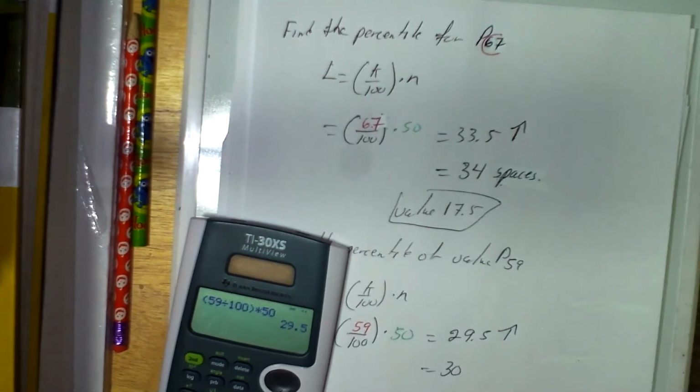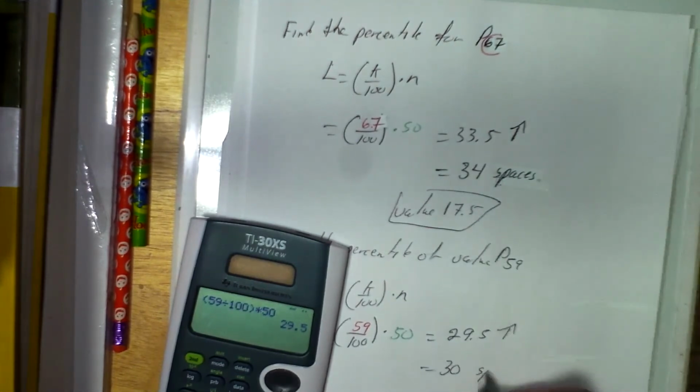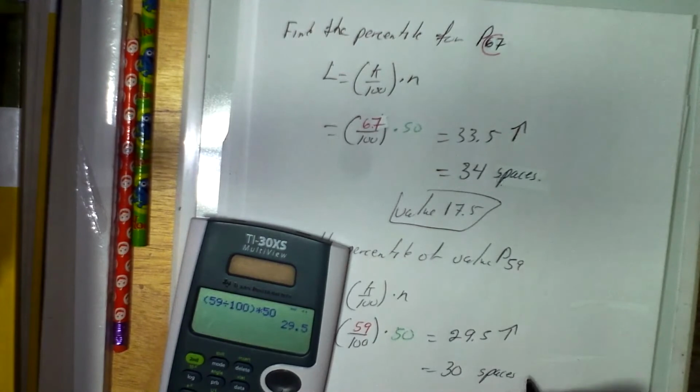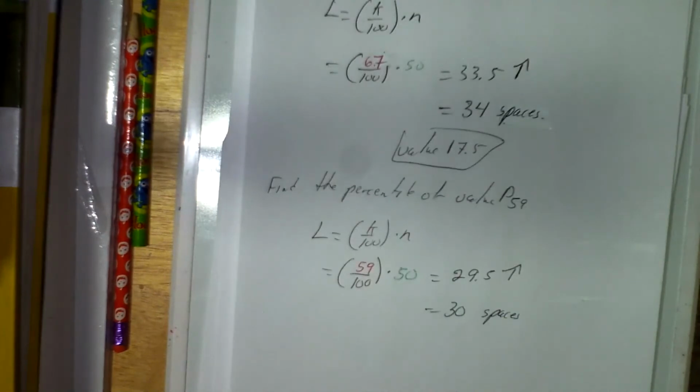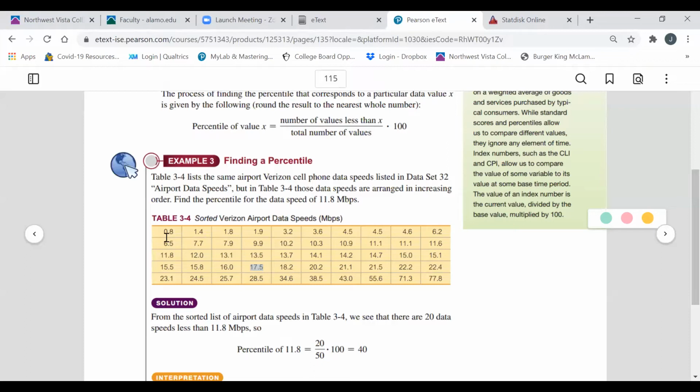So you're going to count 30 spaces from the beginning. Right. So let's go back to my list and count 30. I think they go in tens.